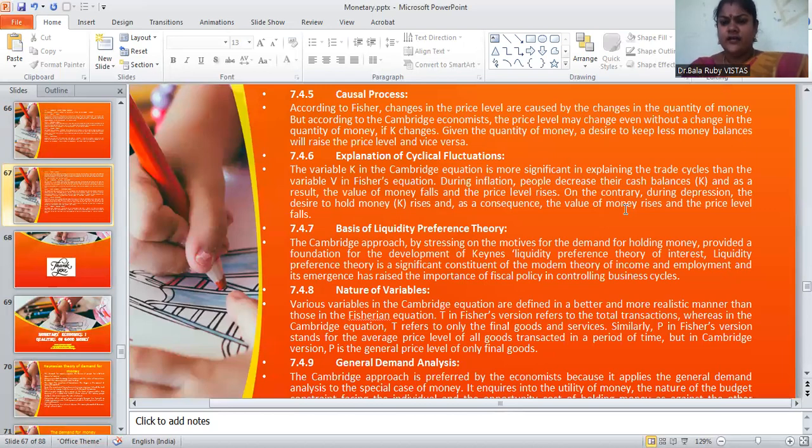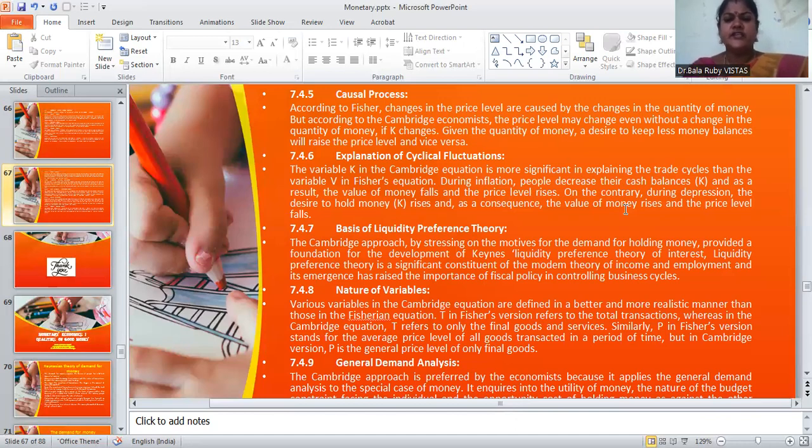On the contrary, during a depression period, what will happen? The desire to hold money, that is K, increases. When K increases, the value of money increases. But what about the price level? Price level reduces.